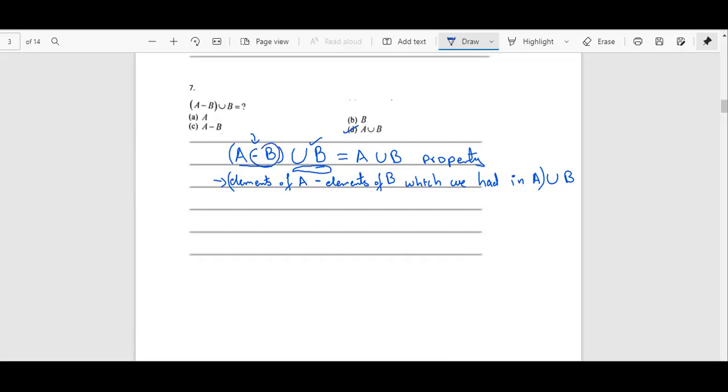Once we have this part back, that would make up all of A with B. So D is the answer. If you're not able to understand it this way, just think of it as a property and learn it, because we do have properties, theorems, and corollaries in mathematics. Whenever you have A minus B union B, this is going to be the answer. So D is the answer.